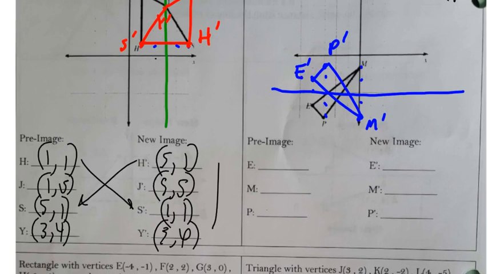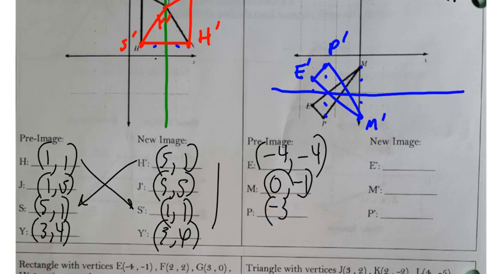So let's see where our points were. E was at (-1, -4). M was at (0, -1). That's an easy one. And P was at (-1, -3)... Now, where are my prime images?